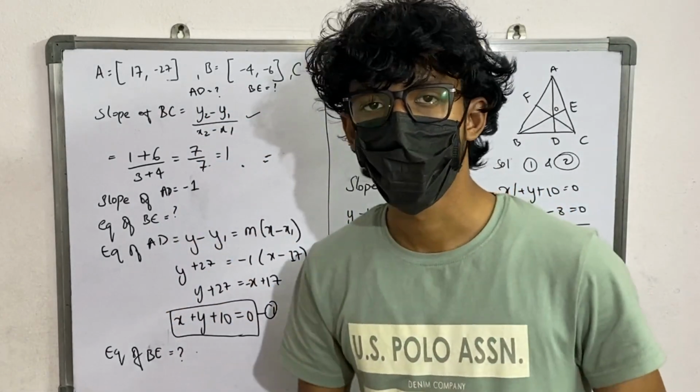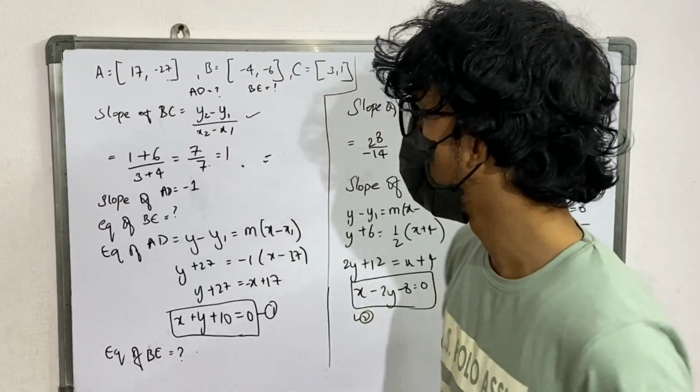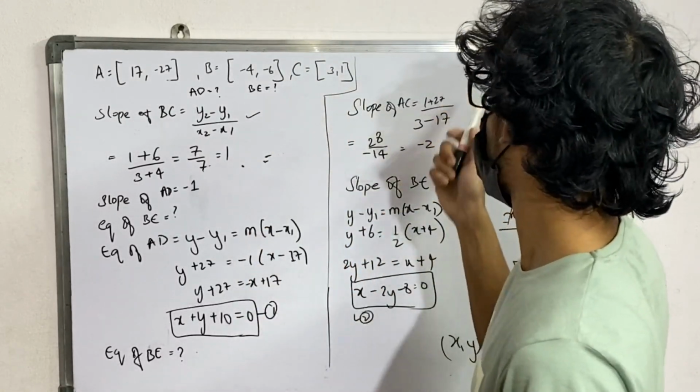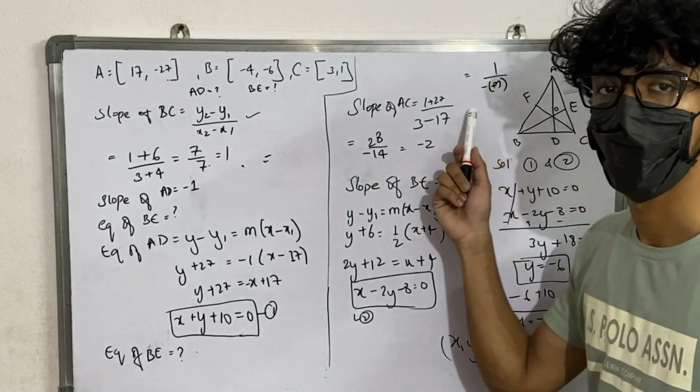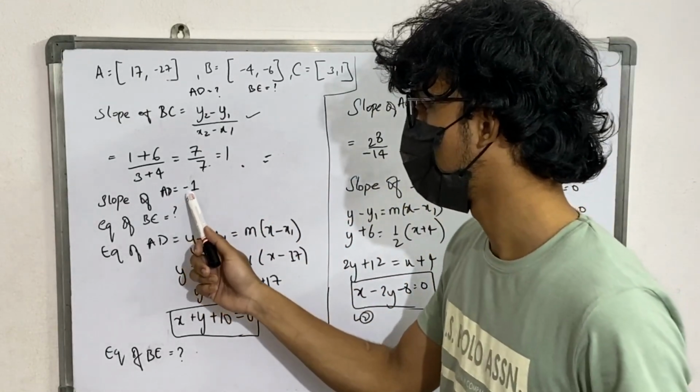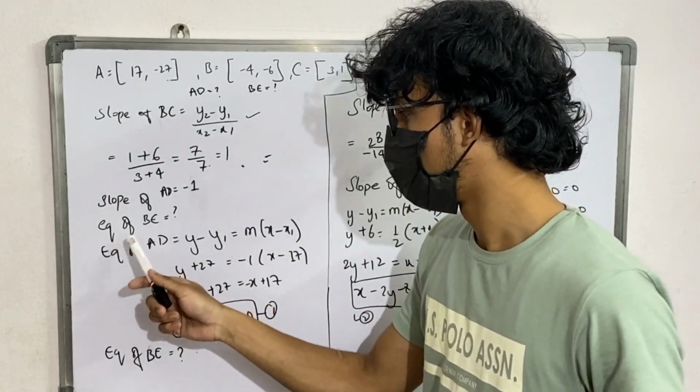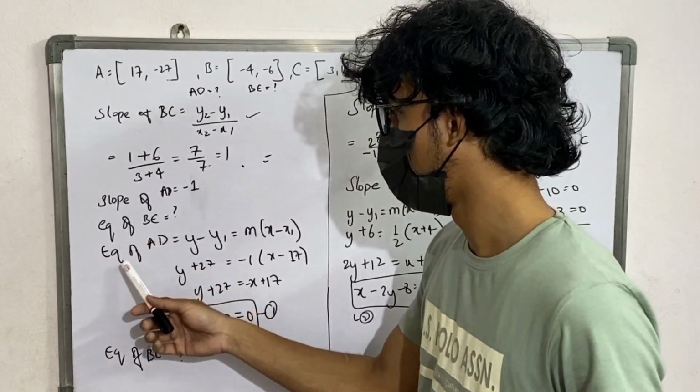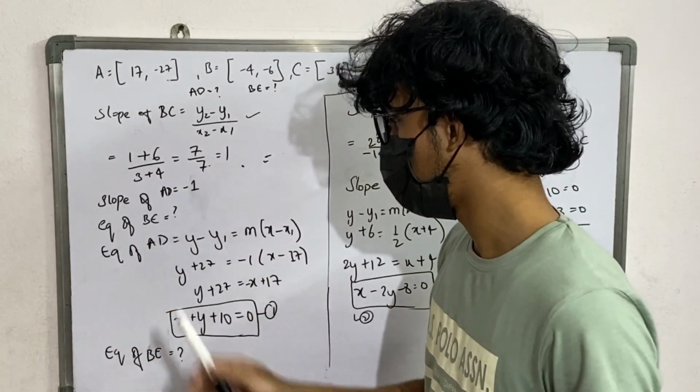So by using the slope formula for perpendicular, we use 1 by minus of minus m, so it becomes minus 1. Then we need to find the equation of BE first.